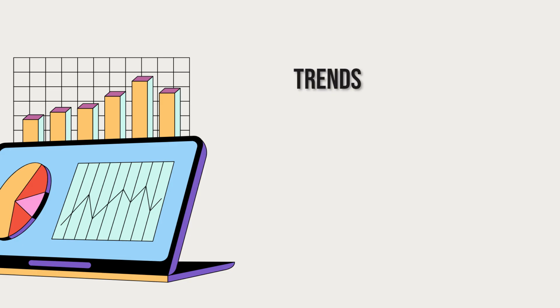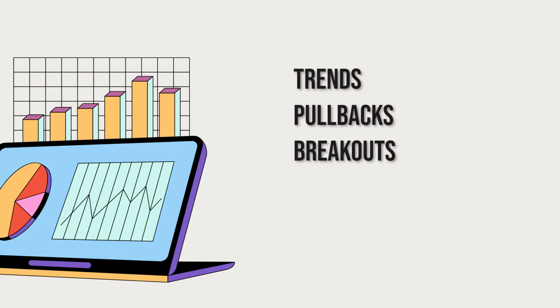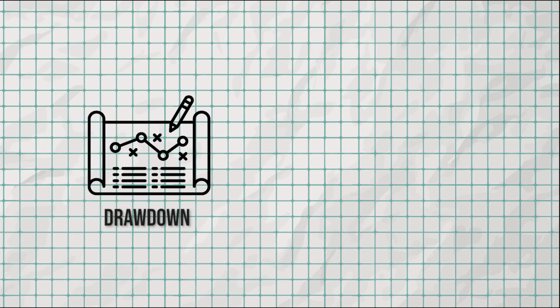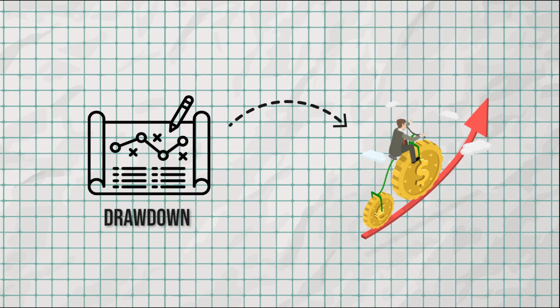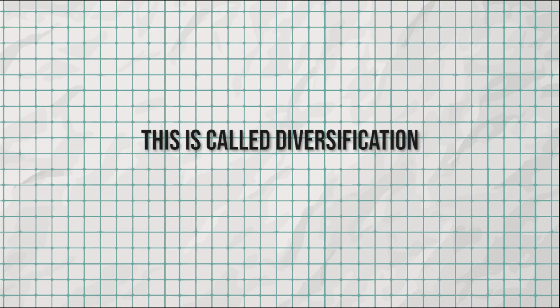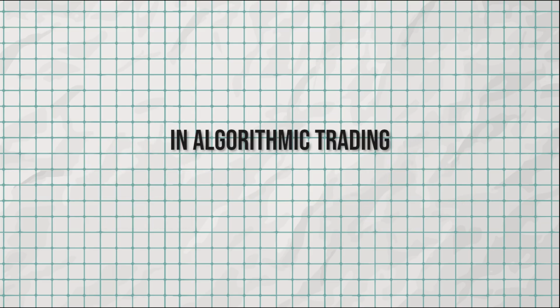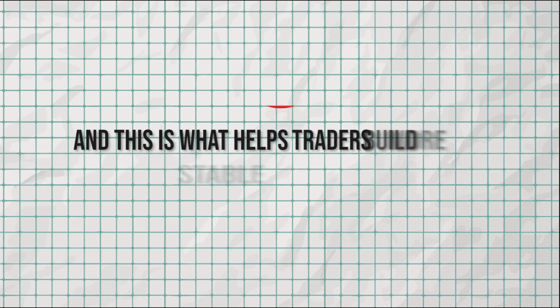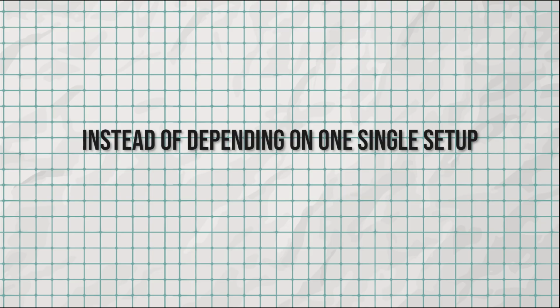For example, one strategy for trends, one for pullbacks, one for breakouts, one for momentum, and one for reversals. So if one strategy goes into drawdown, another strategy can still generate profits. This is called diversification in algorithmic trading, and this is what helps traders build more stable long-term systems instead of depending on one single setup.